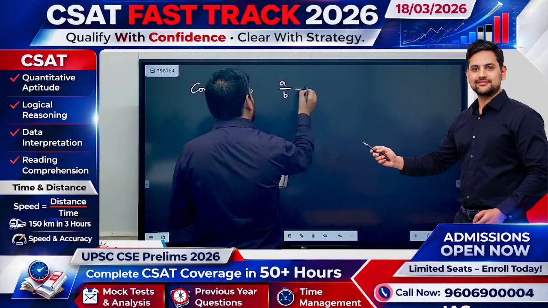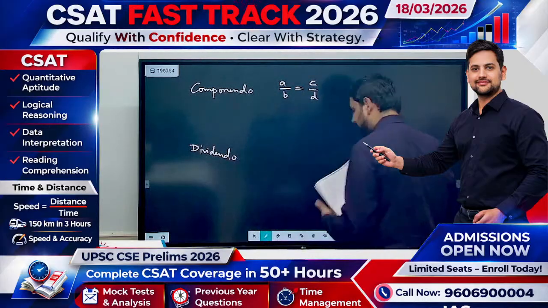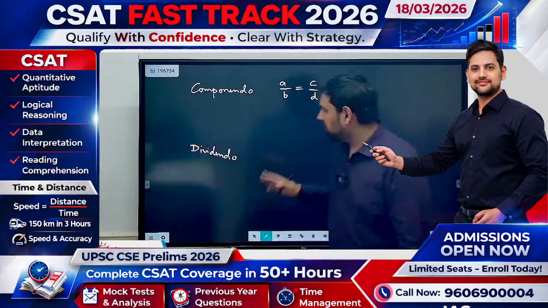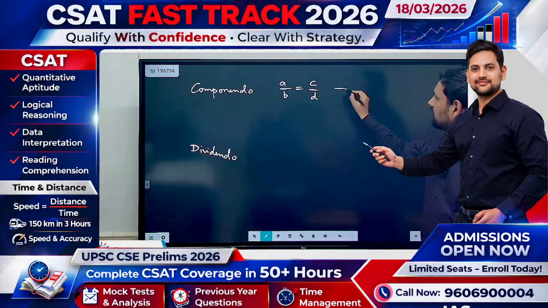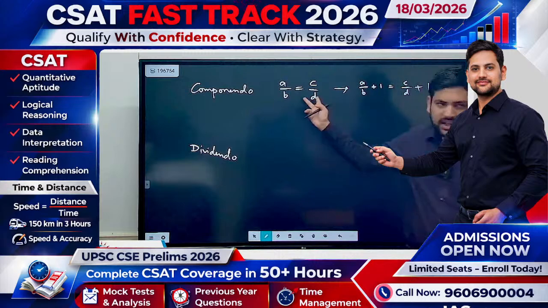So componendo says A by B is equal to C by D. Then in componendo, what will they do? They will add 1 on both sides. So this becomes A by B plus 1 is equal to C by D plus 1. This is fine. I can add 1 on both sides because they're equal.